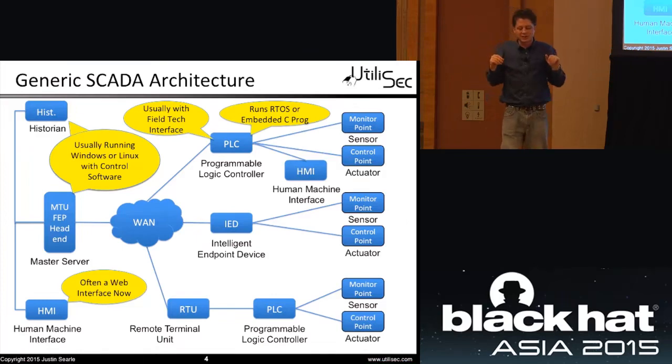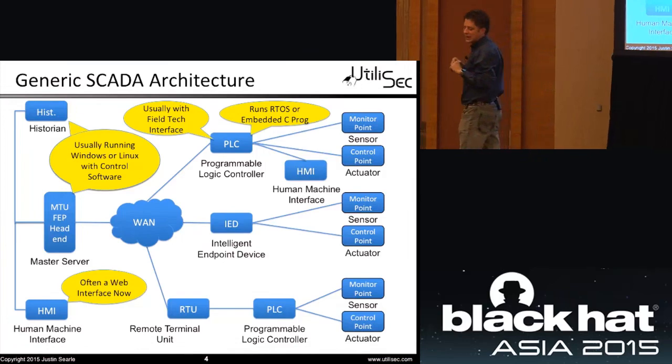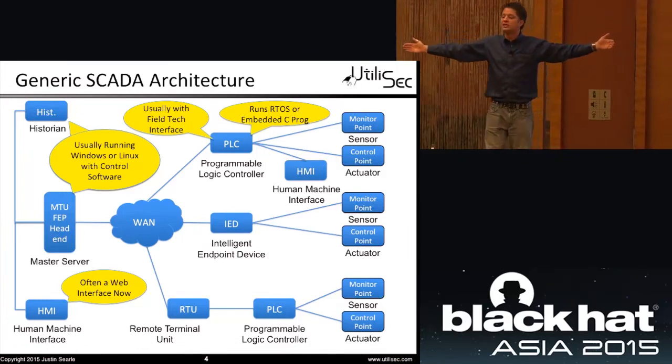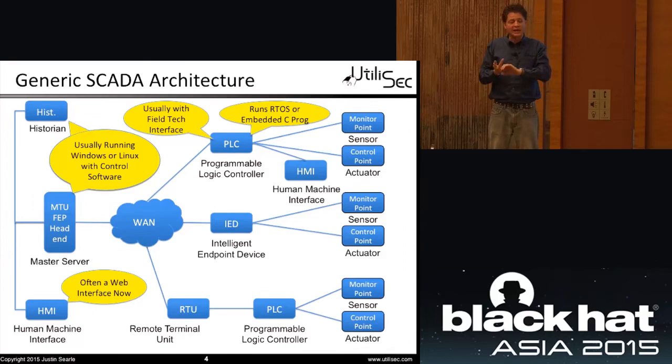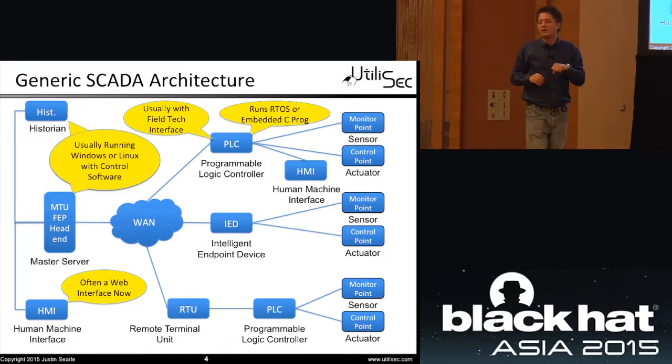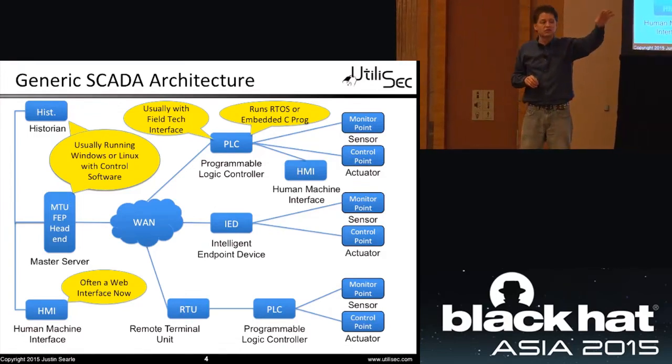What a SCADA system is, is a type of control system that is geographically spread across a large distance. So what makes up SCADA? The energy sector, the electric utilities, oil and gas make up a very large part of SCADA. When they have their pipelines, the remote oil refineries, and different types of generation plants that generate electricity, inside those plants is not generally considered SCADA.